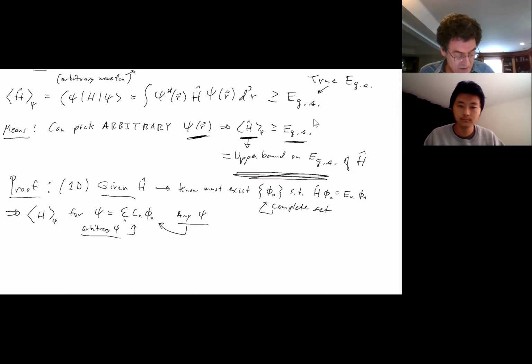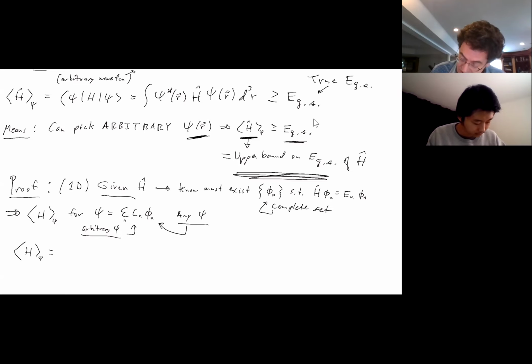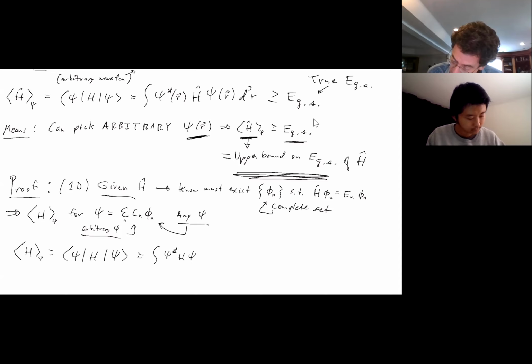And so now let's calculate the expectation value of the Hamiltonian for this arbitrary wave function. I have to calculate it: the expectation value of H is the integral of psi star H psi.